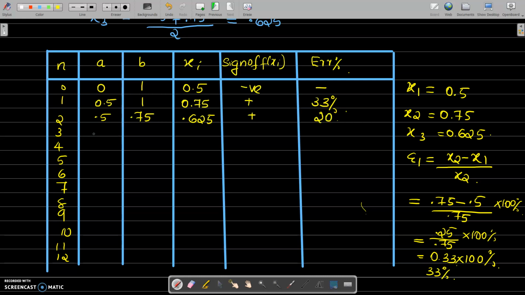The remaining values can be calculated using the bisection method techniques, and here it will be 0.5, 0.625, and here it is 0.59375, and it is positive actually, and the value is 11 point.